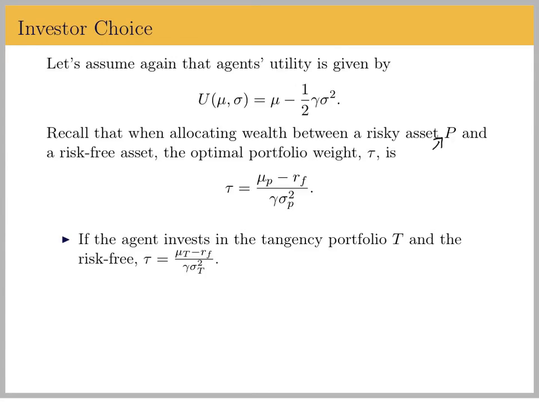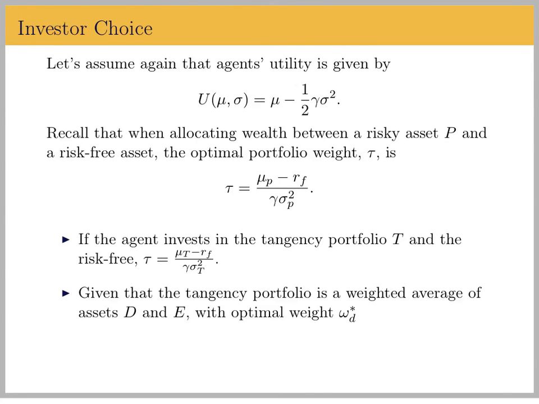So if that risky portfolio is no longer just some portfolio P, but is now the tangency portfolio, then that weight tau, the optimal weight between the tangency and the risk-free, is going to be the risk premium of the tangency portfolio divided by gamma times the variance of the tangency portfolio.